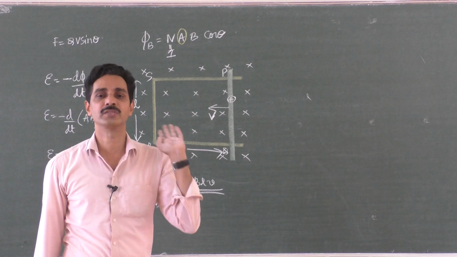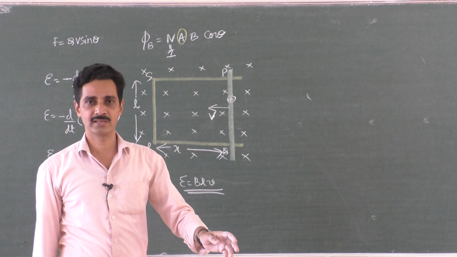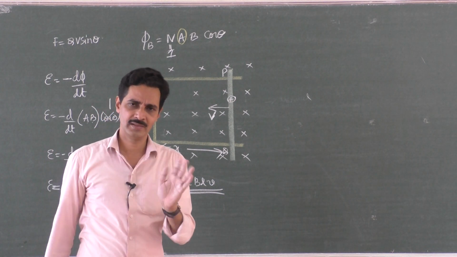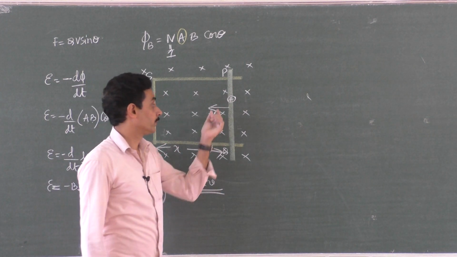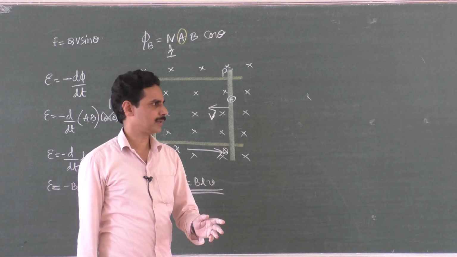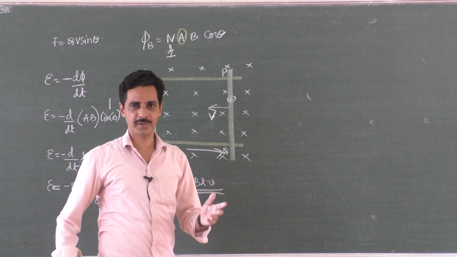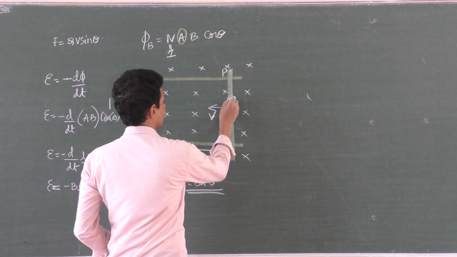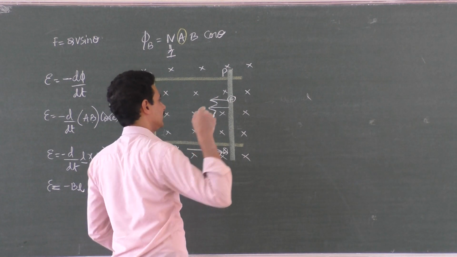There are no free positive charges. There are positive charges called protons, but they are inside the nucleus, very firmly attached, not easy to remove. So, positive charges are not found, but still, of course, I can assume that positive charges are moving opposite to the direction of electrons. Okay, these charges are moving like this, magnetic field is inside.